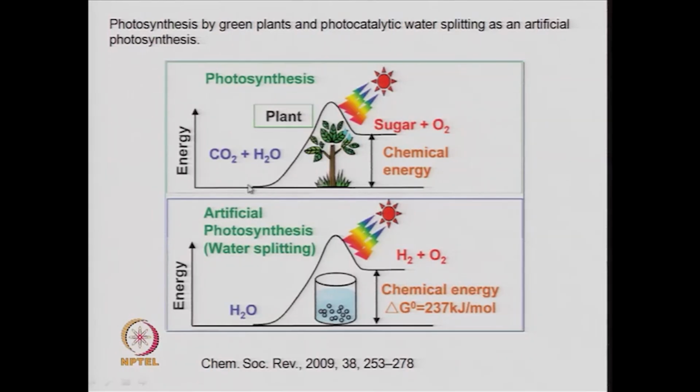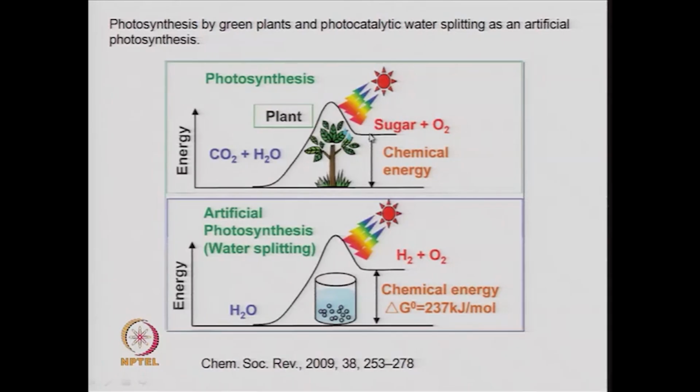The delta G is the difference of these energies, and it is positive. So, the energy of the final products is higher than the energy of the reactants, and you have to give this amount of chemical energy, which the plant generates.